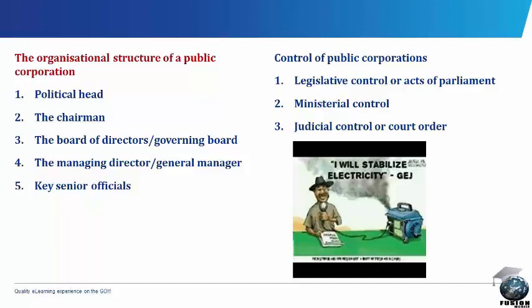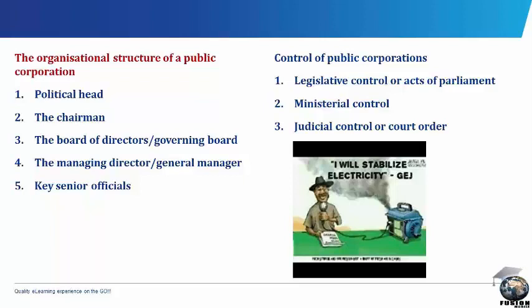Number 3, the board of directors / governing board. The board of directors is made up of appointed directors who initiate and formulate policies for the corporation. Number 4, the managing director / the general manager. These people assist the board in the day-to-day running of the corporation and at the same time see to the execution of corporate policies.